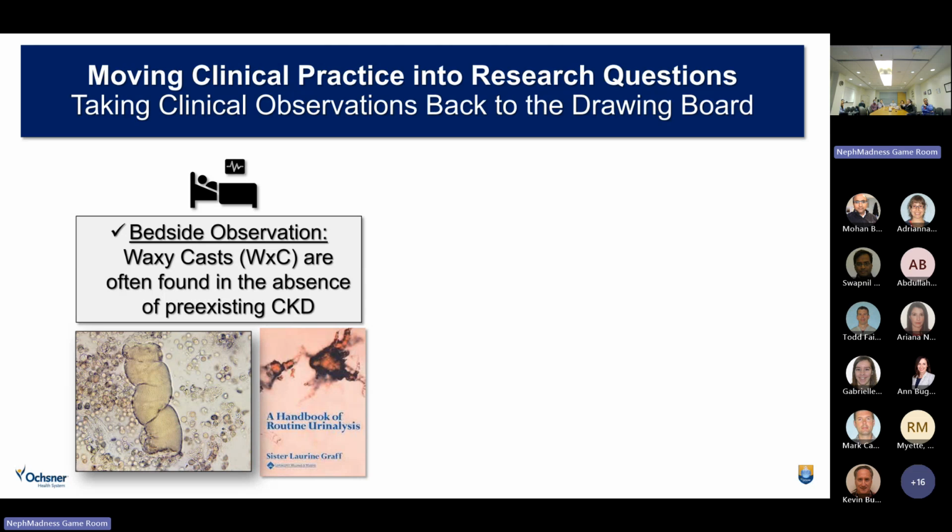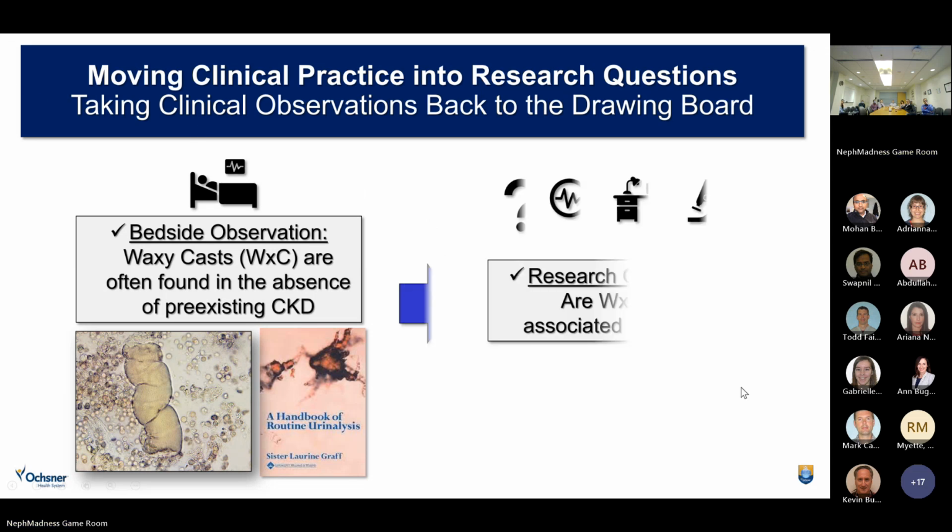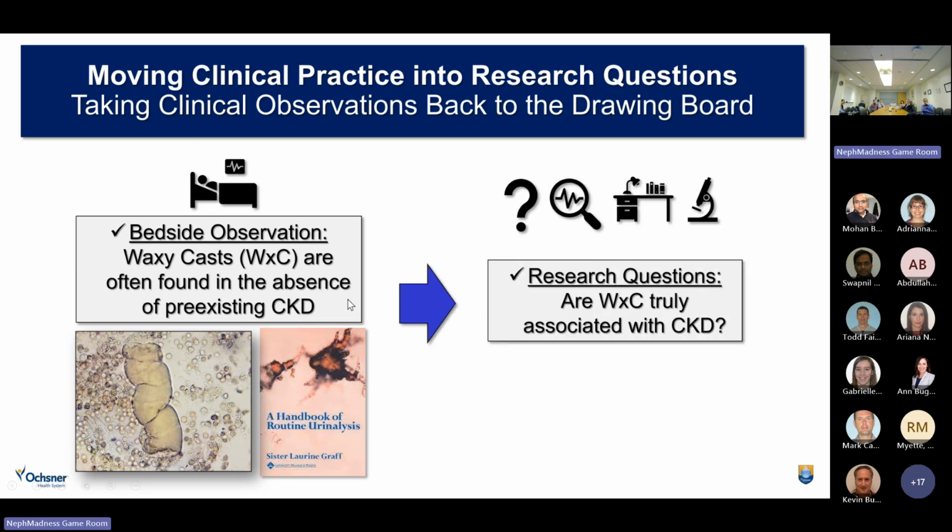It's sort of a traditional textbook of urine microscopy that has a paragraph where it says that waxy casts are associated with chronic renal failure. And you read the same statement in different textbooks, and that's the traditional teaching that it is associated with chronic disease. But we have seen it in patients that didn't have CKD, and the question was, is it truly associated with CKD, or could it be in other forms of kidney disease?